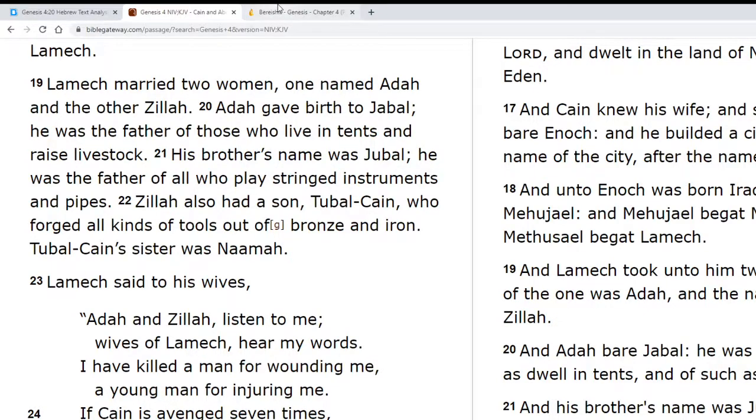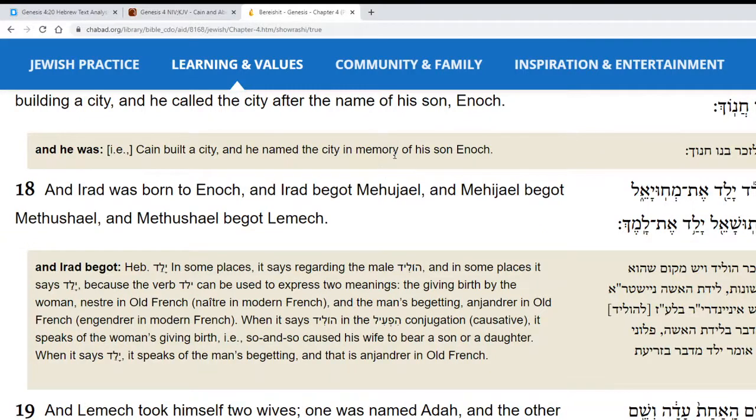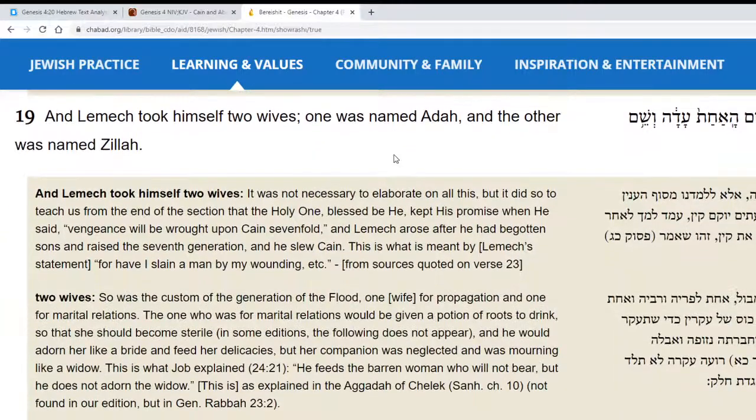In the Hebrew, it is that way. And Lamech took himself two wives. One was named Ada and the other was named Tzila, right?